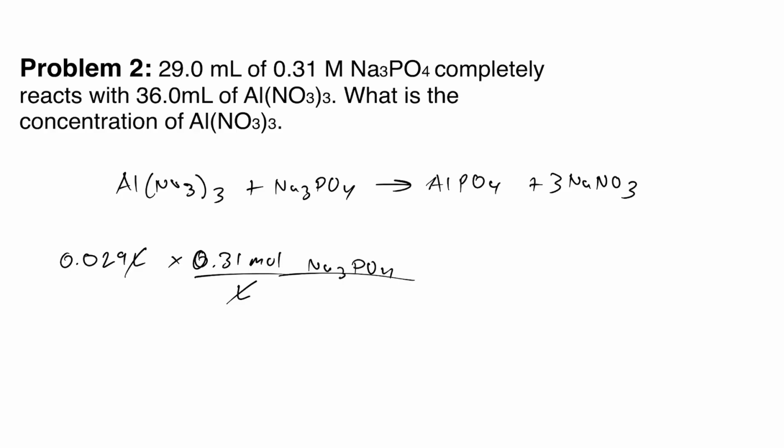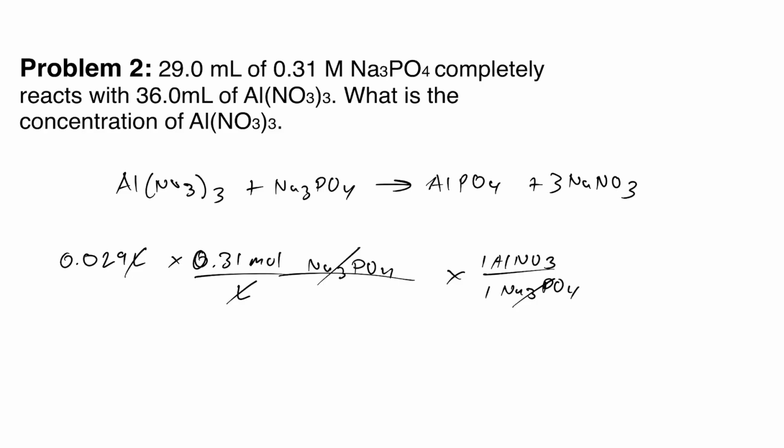And then we're once again going to use a conversion factor. We want to get AlNO3, but when we look at our chemical equation, we can see that AlNO3 and Na3PO4 both have 1 in front of them. So we can write 1 AlNO3 over 1 Na3PO4. And now our moles of Na3PO4 are going to cancel and we're going to be left with moles of AlNO3.